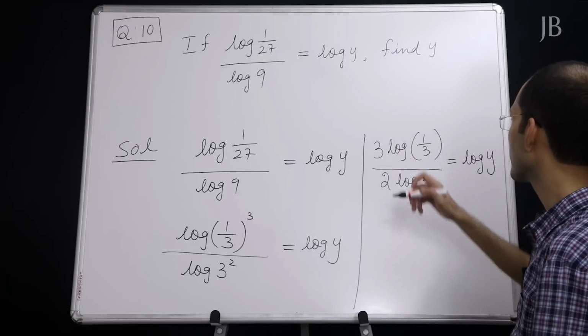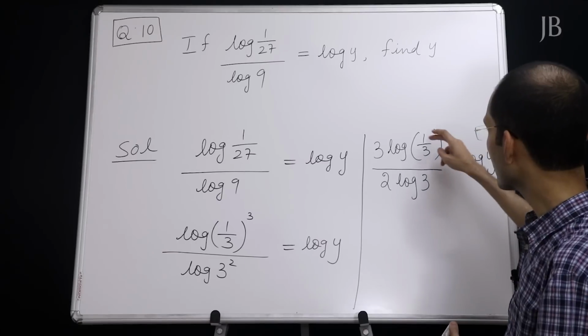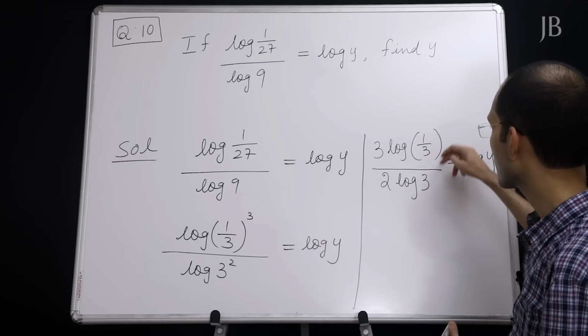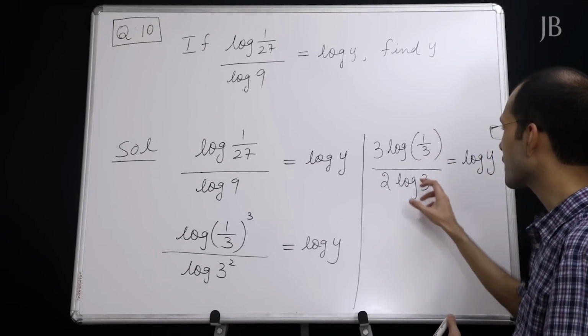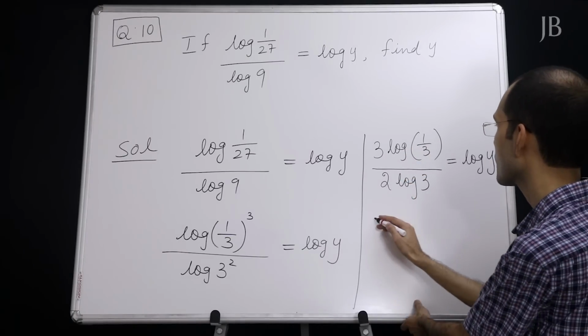Anything can be cancelled here? No. But here I can see some scope. This is log of 1 by 3, this is 3. There is scope for further simplification.